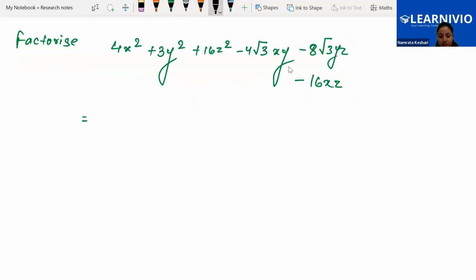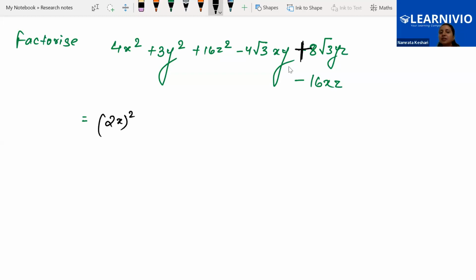Then only we will discuss. 4x square plus 3y square plus 16z square. Oh yeah, thank you so much for reminding. One of the signs I have copied incorrectly. Okay, it will be positive. Let's do it quickly.